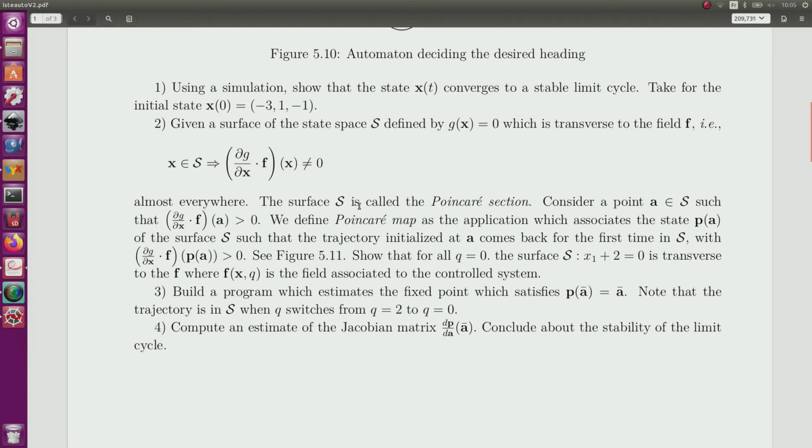This surface is called the Poincaré section, and we'll see why it is important to understand the stability of the cycles.